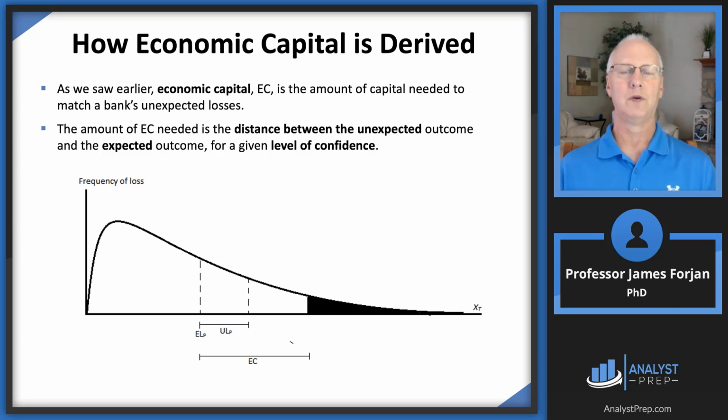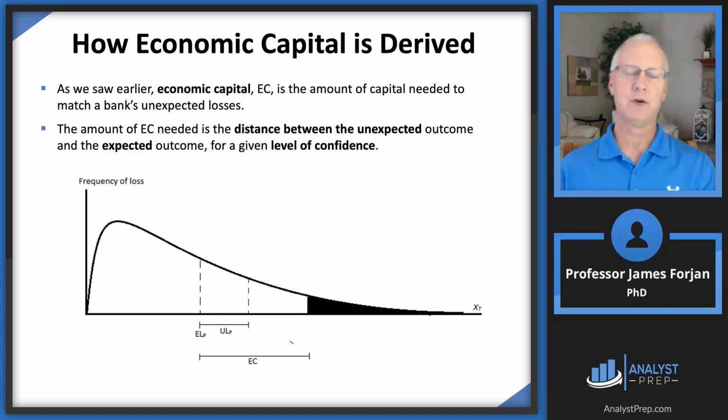If you do a search for economic capital and look for pictures, they always give it to you this way. The distribution goes like that, and really all we're going to do is take the difference between the unexpected outcome and the expected outcome for a given level of alpha. Of course, a given level of alpha, which for 50% would be very different from 95%.